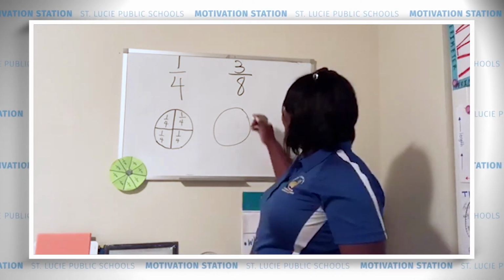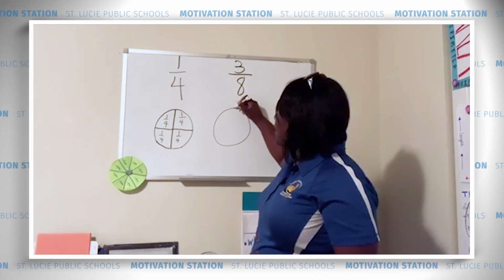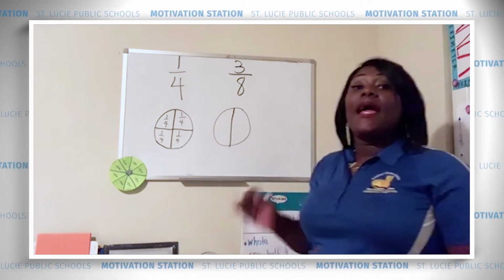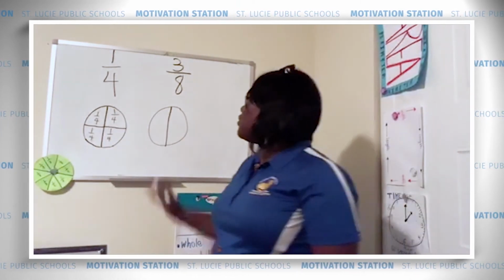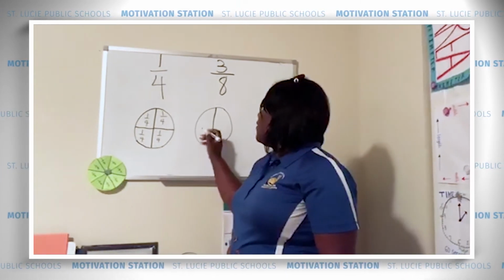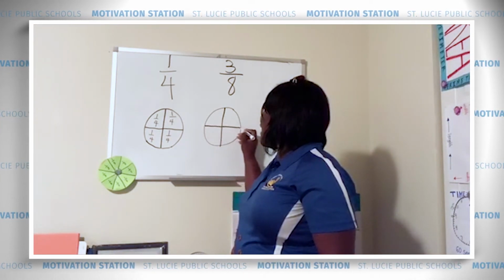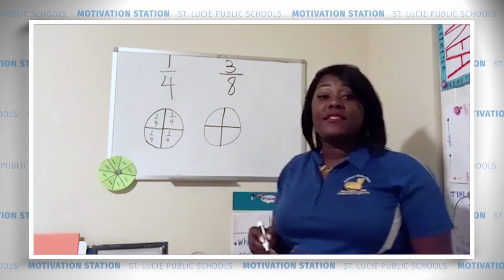Let's try half, because it's easy to cut something in half. So if I draw a line down the middle, and I part the whole into halves, then I know that I can take the halves and part those in half by drawing a line across the center.